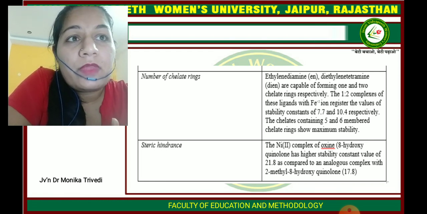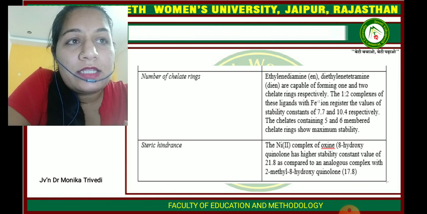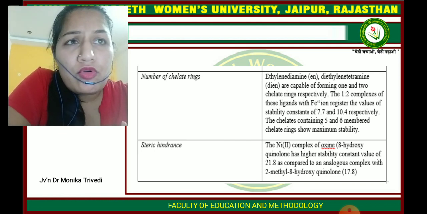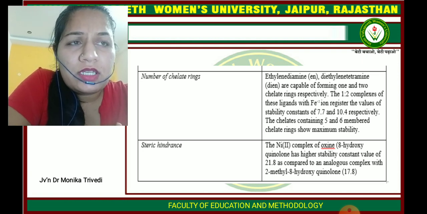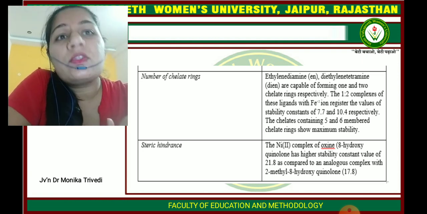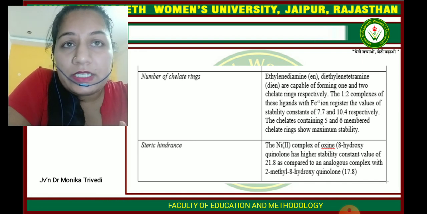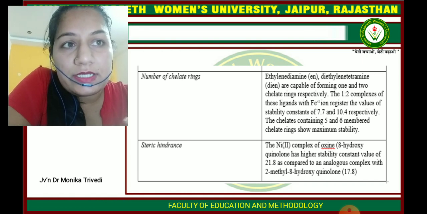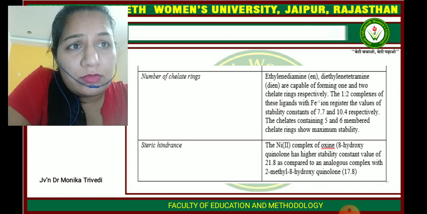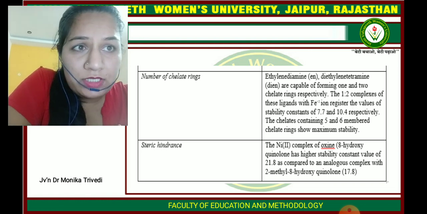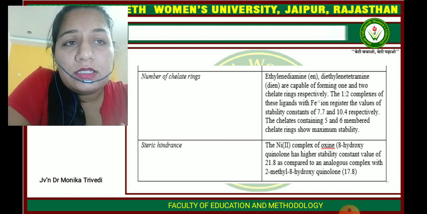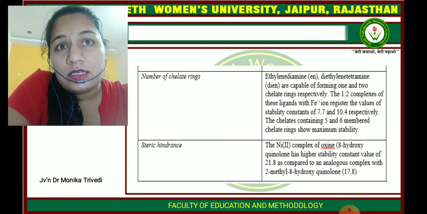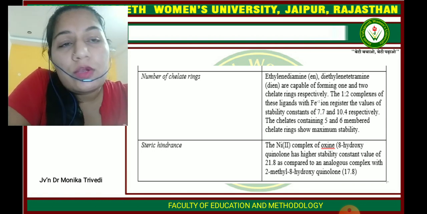The ethylenediamine and diethylenetriamine ligands are capable of forming one or two chelate rings respectively, so their stability increases as the number of chelate rings increases. And then there is steric hindrance: a nickel complex of dimethylglyoxime has a higher stability constant value compared to the one with 2-methyl-8-hydroxyquinoline, because steric hindrance restricts the stability of the complexes.